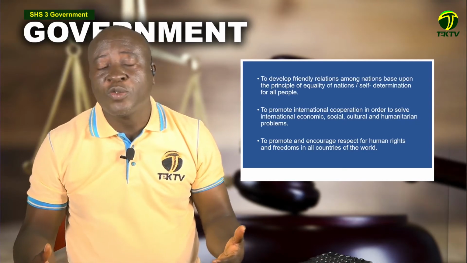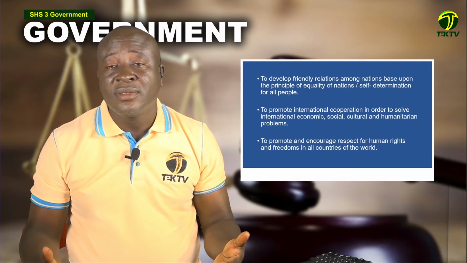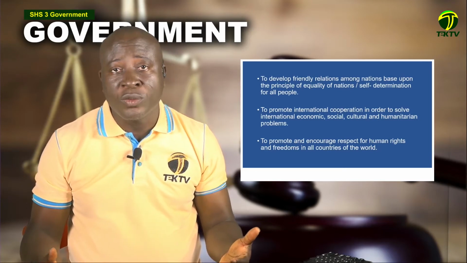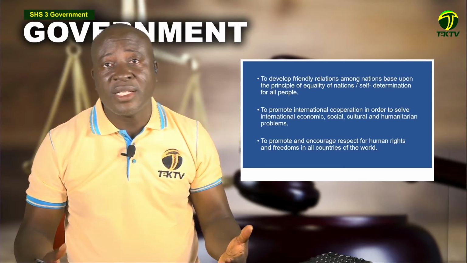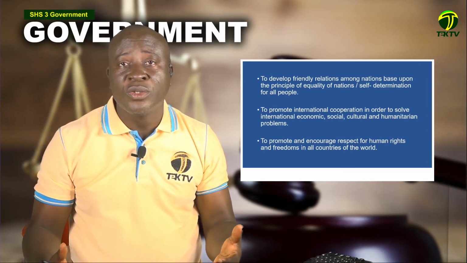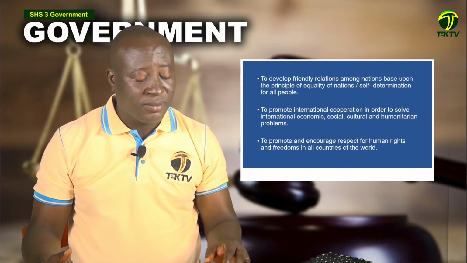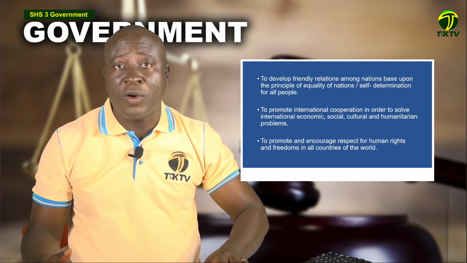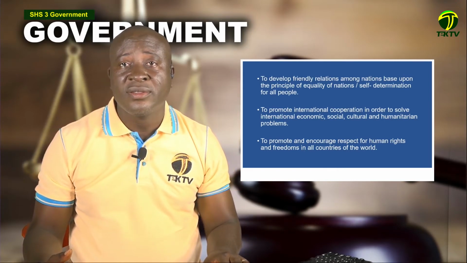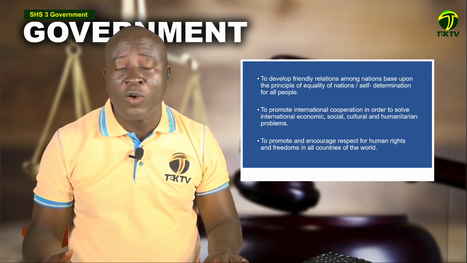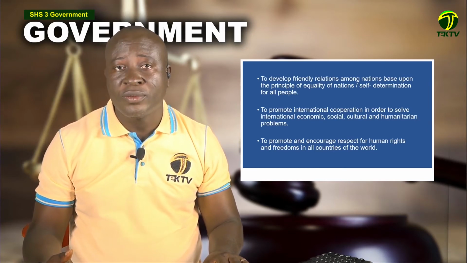Ghana is not supposed to undermine the sovereignty of Togo. Likewise, Nigeria is also not supposed to undermine the sovereignty of Ghana. So that is the principle of equality of nations or self-determination for all people.